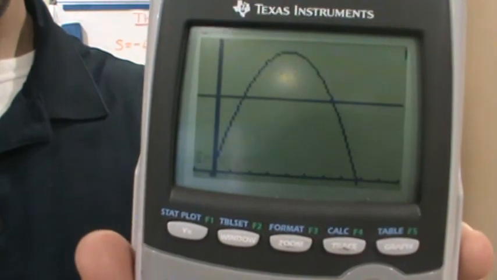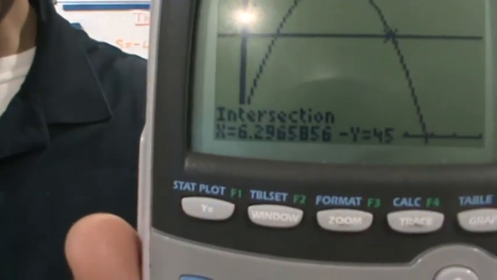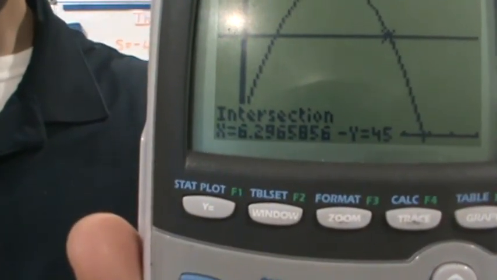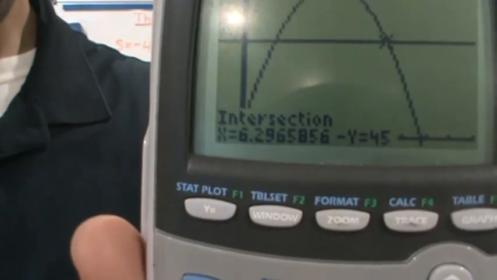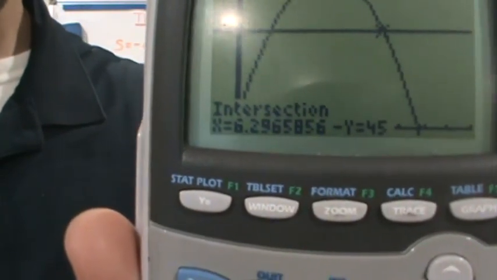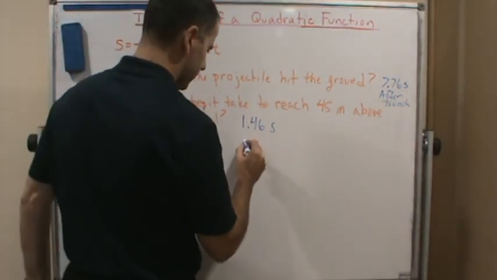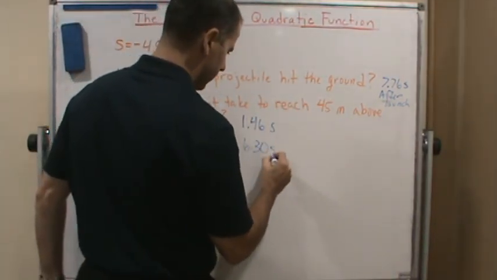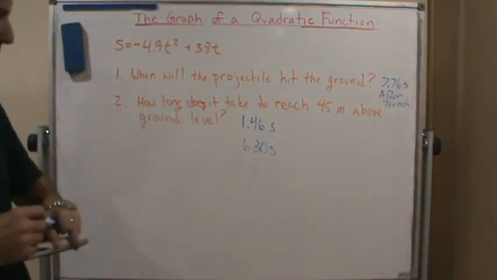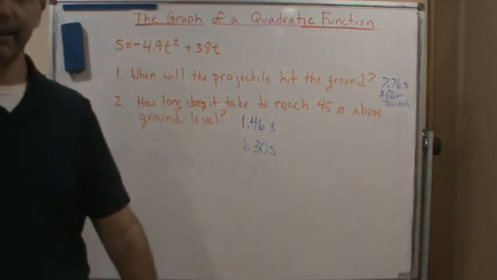And I'm going to hit enter. And now what do I get? I get x equals 6.29 or 6.30. Okay, so 6.30 seconds after launch. Okay, and that's it.